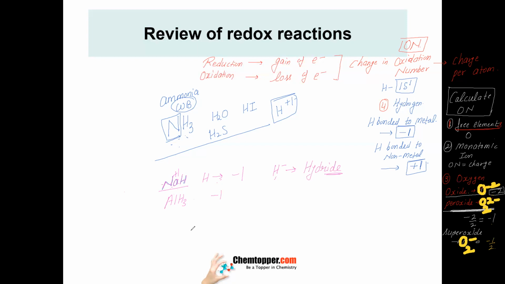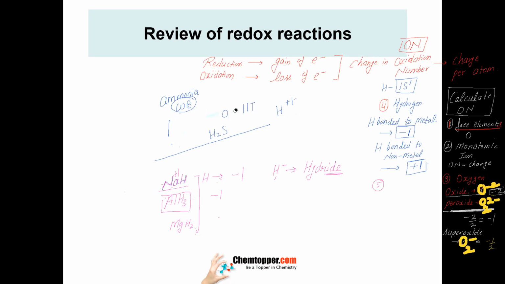This one is also -1. And this is a very important compound, MgH2. In all these cases, hydrogen is -1. That's rule number 4.